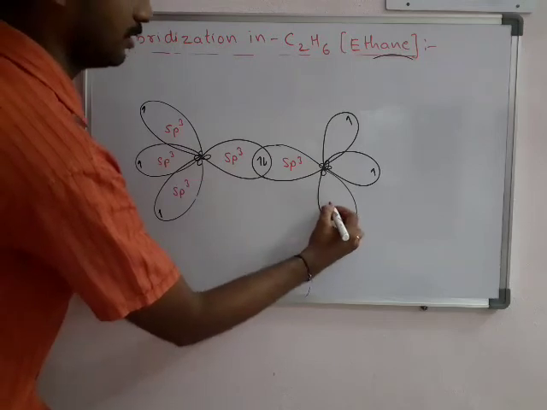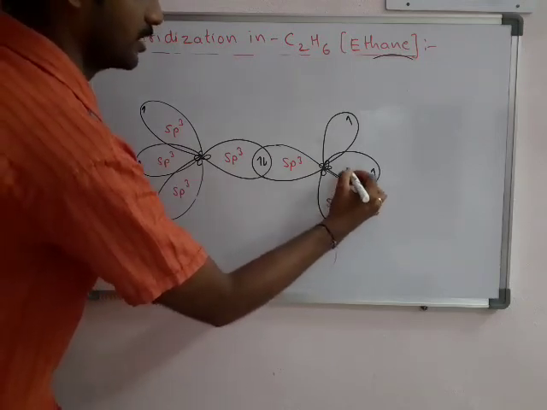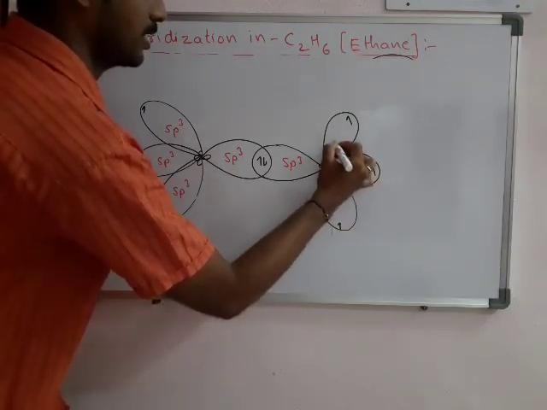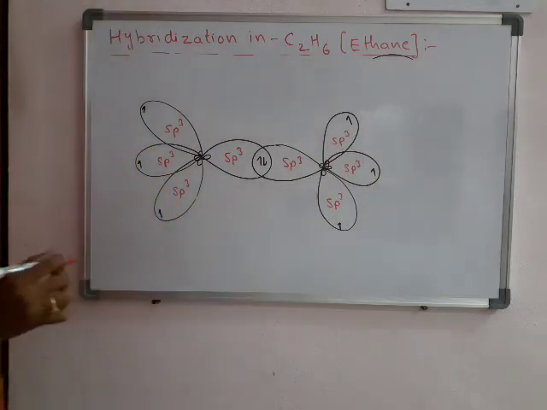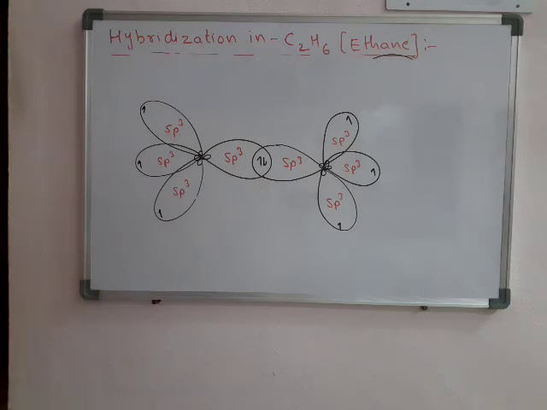So sp3, sp3, sp3, sp3. Now totally how many sp3s are present? 8 sp3s are present, which means each carbon has 4 sp3 hybrid orbitals, totally 8 sp3 hybrid orbitals. What was the first overlapping?